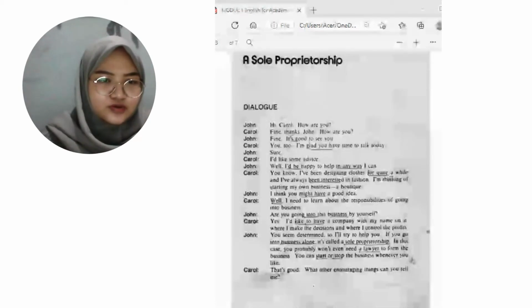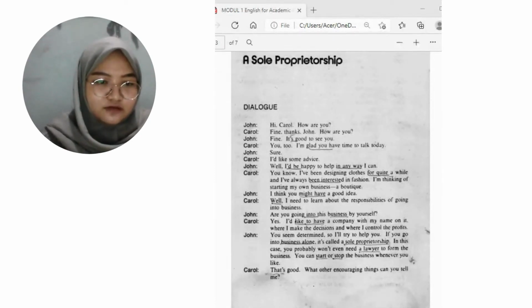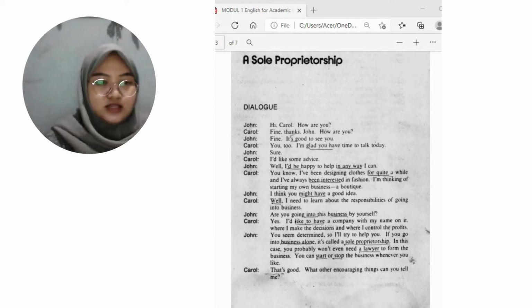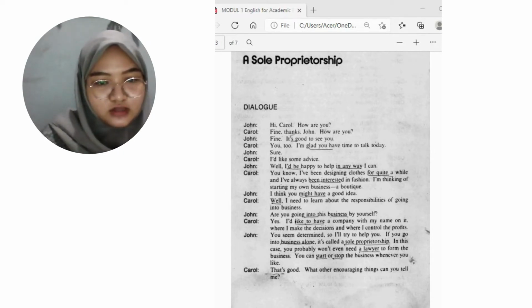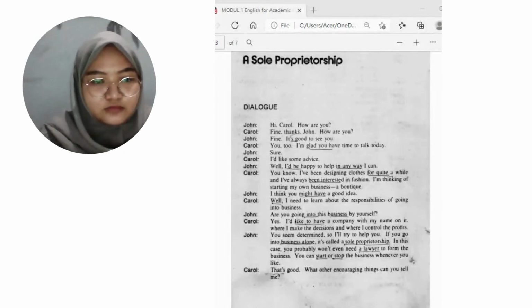John: Are you going into the business by yourself? Carol: Yes. I'd like to have a company with my name on it, where I make the decisions and where I control the project. John: You seem determined, so I will try to help you. If you go into business alone, it's called a sole proprietorship. In this case, you probably won't even need a lawyer to form the business.